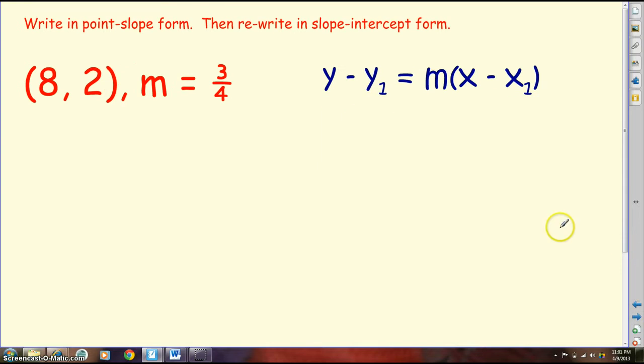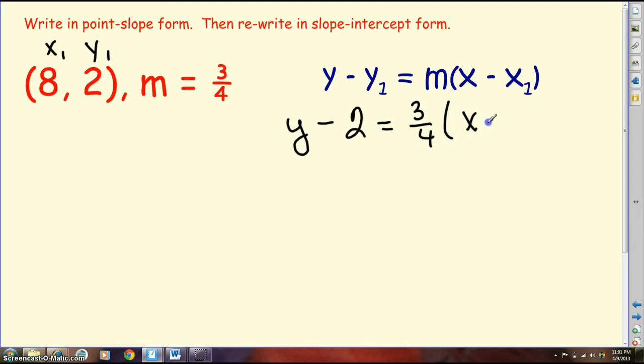Alright, we have one last one to look at. So we start the same way. We replace our y1 value with our y1 value over here, and we can certainly keep writing up above what those are. So we have y minus 2. This time our slope is a fraction, so we're going to plug in our 3/4, and it's x minus x1. Our x1 has a value of 8. Alright, so now we're ready to distribute. So we keep our y minus 2, and we have 3/4 x, and then we have to multiply our fractions.